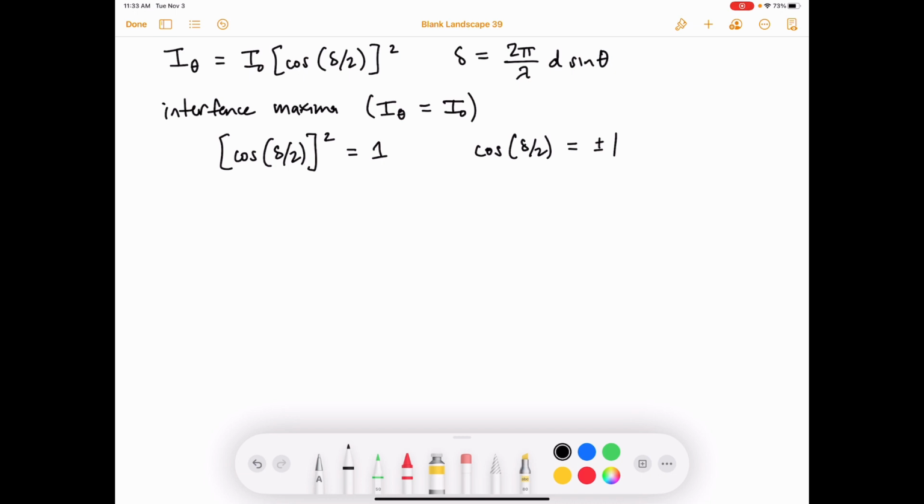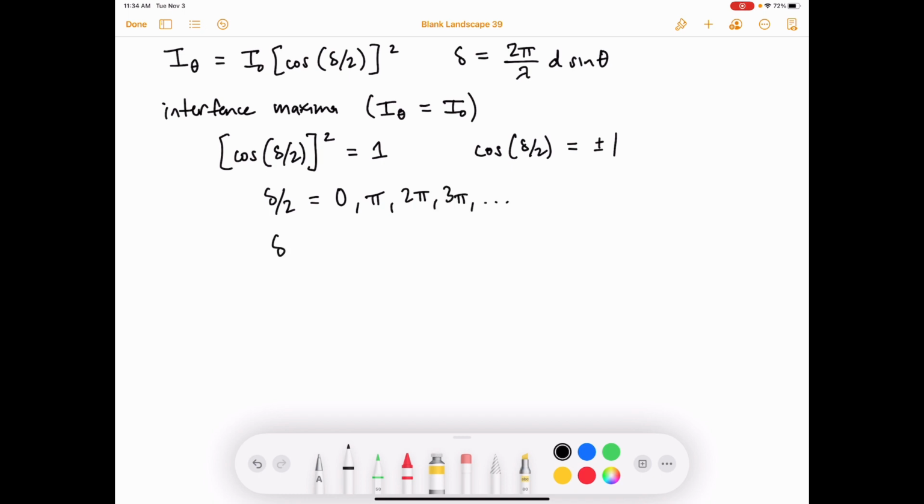So the question is, what angle delta over 2 will give me plus or minus 1 if I take the cosine of it? Well, 0 works, because if I take cosine of 0, I get 1. Pi works, because if I take cosine of pi, I get negative 1. 2 pi also works, 3 pi, and so on.